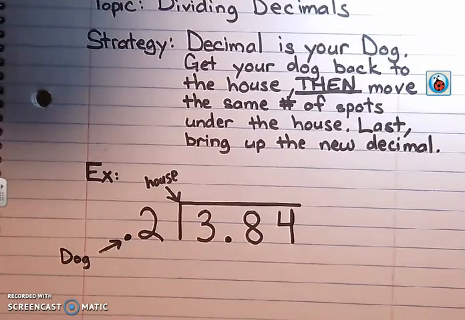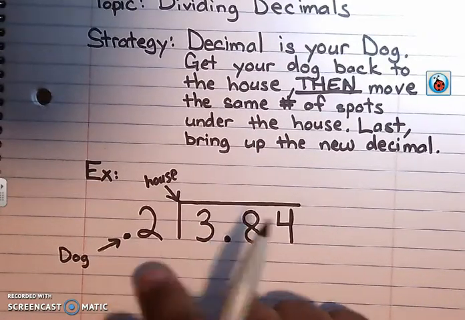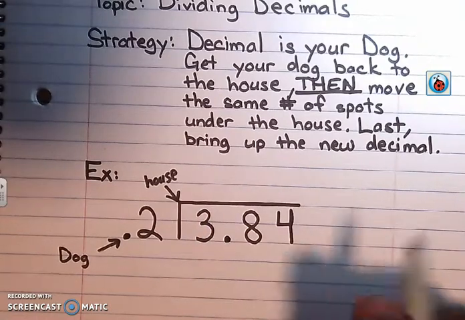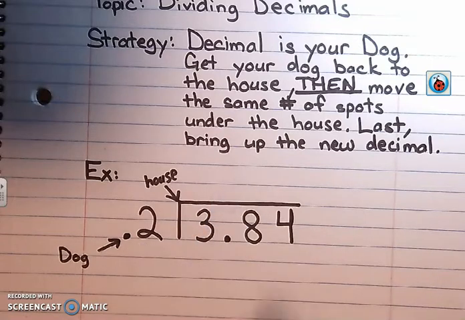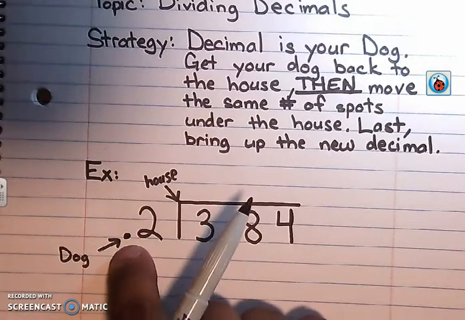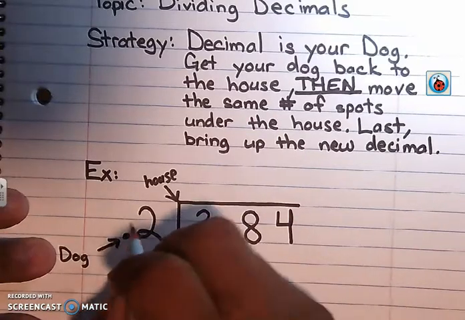Your dog might get hit by a car. Someone could steal your dog. The dog catcher might pick it up and take it to the pound. So a lot of things can happen if your dog is away from the house. So what we want to do is get our dog back to the house. So let's do that.